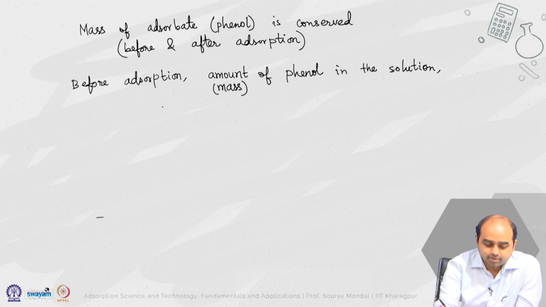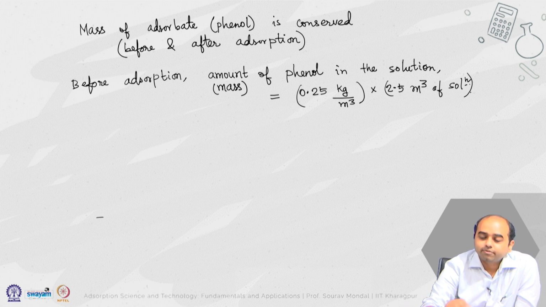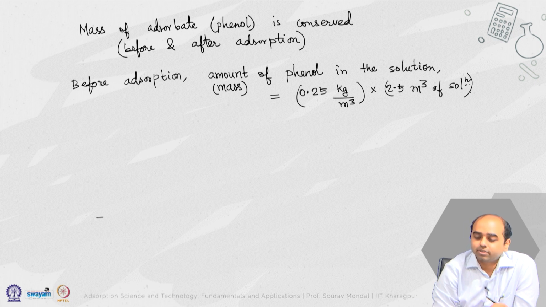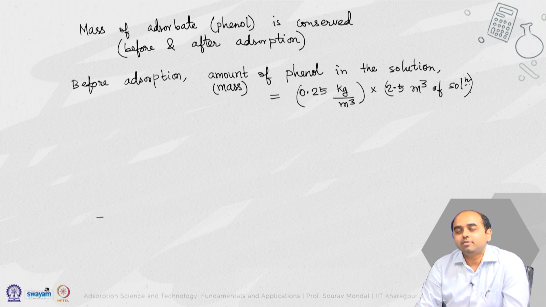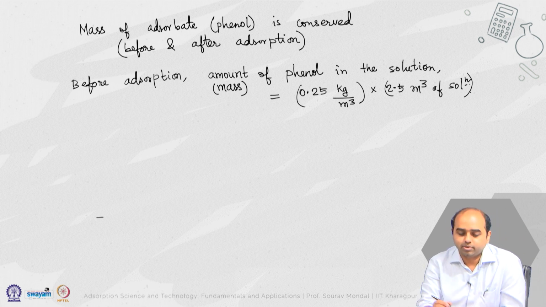So, we have the concentration of 0.25 kg per meter cube, and if that is multiplied with the total volume, that is 2.5 meter cube of solution, this gives us the mass in kgs of the phenol that is present in the solution. We just multiply the concentration with the volume.